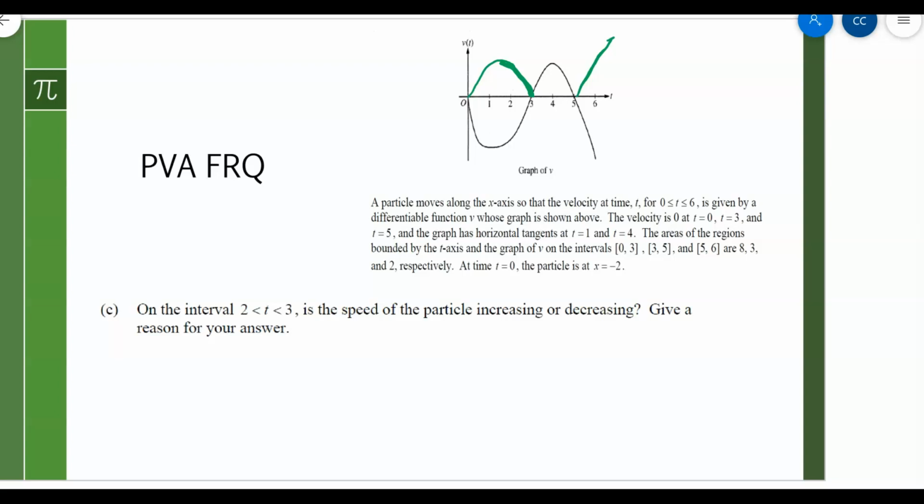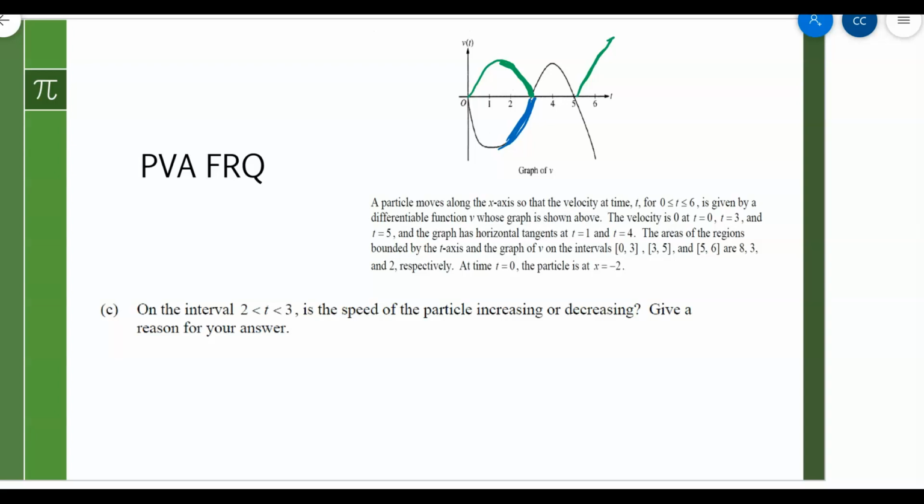Therefore, the speed is decreasing, because the function we have is velocity. So if you look at the original graph given, you're going to think, oh, velocity is increasing from 2 to 3, therefore it's positive and increasing.